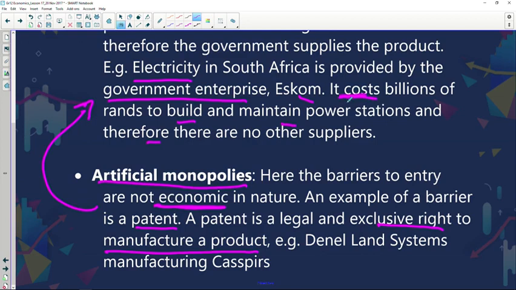So it is an economic thing that you let a government enterprise run this in order to decrease the costs, because then the government could subsidize some of the costs. So then we as consumers end up saving some money, but with the way that the electricity price has been hiked up, I doubt that we are in a position of saving any money.